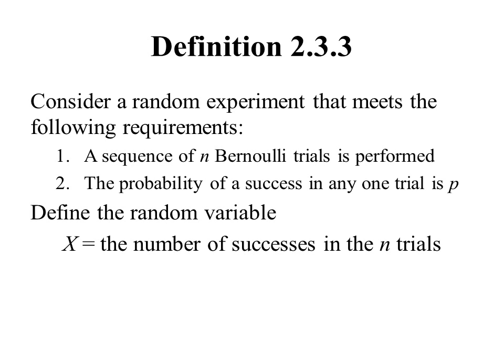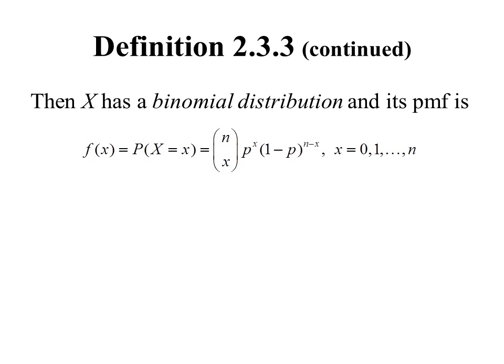Now define the random variable x to be the number of successes in the n trials. So in this definition, we're interested in the number of successes. Then x is said to have a binomial distribution, and its probability mass function is given by this.